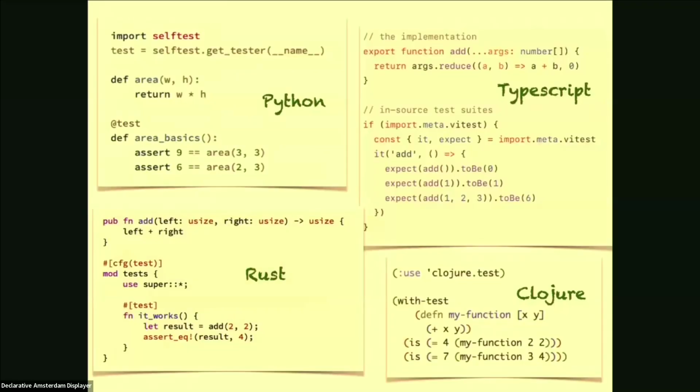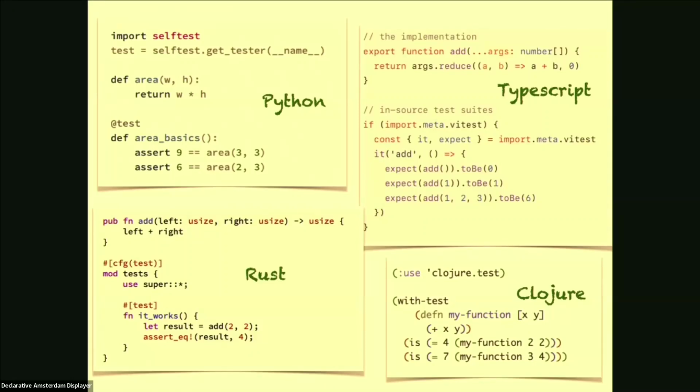Well, I haven't been the only one thinking about those ideas. And since a couple of months, 1 or 2 months, blogs have started to appear about the idea of in-source testing. And until then, you could find some examples on the internet. I have collected 4 here. One is Python, the one I wrote myself. But people do it in TypeScript as well, using the PyTest framework. You could do it in Rust.